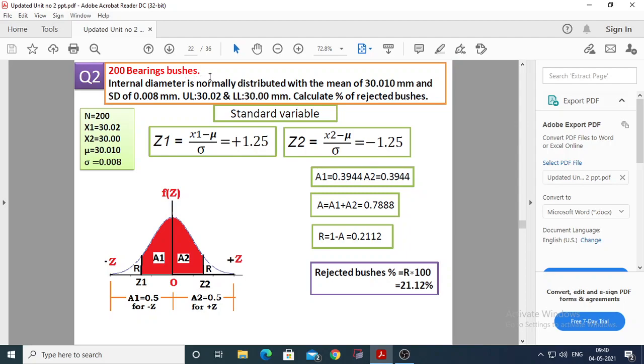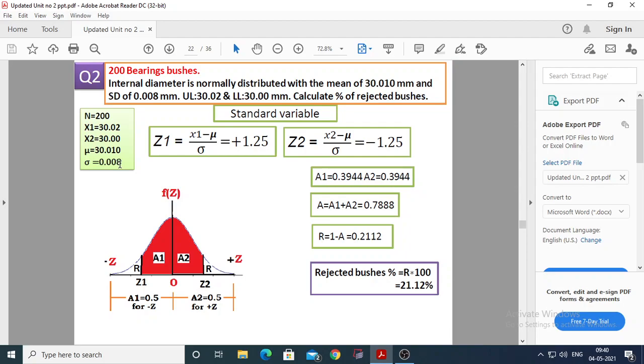200 bearing bushes means the total observation is 200. Observation is denoted by n, so n is equal to 200. The internal diameter is normally distributed with the mean, which is denoted by mu. Mu is given as 30.010 mm. Standard deviation is denoted by sigma.